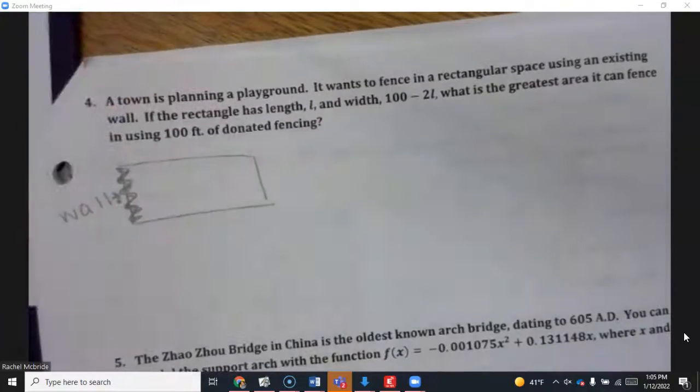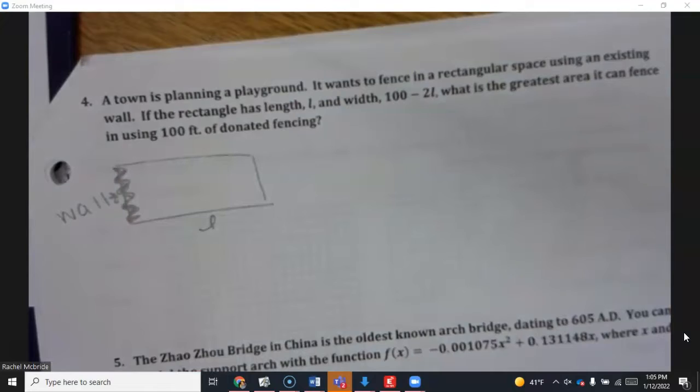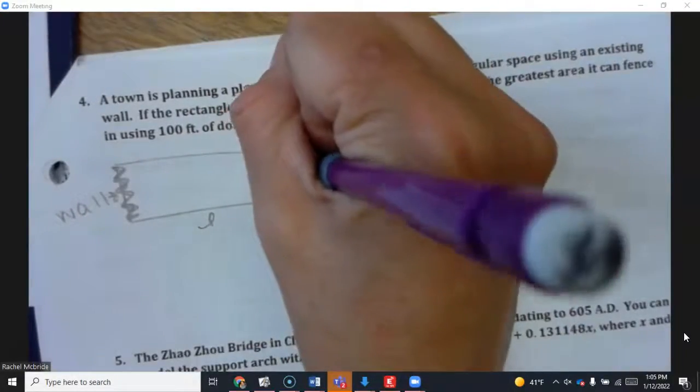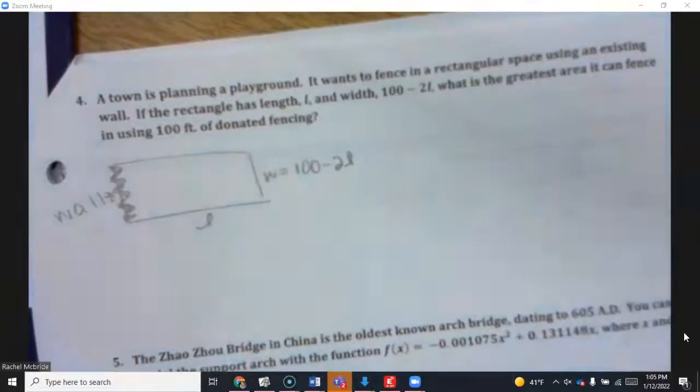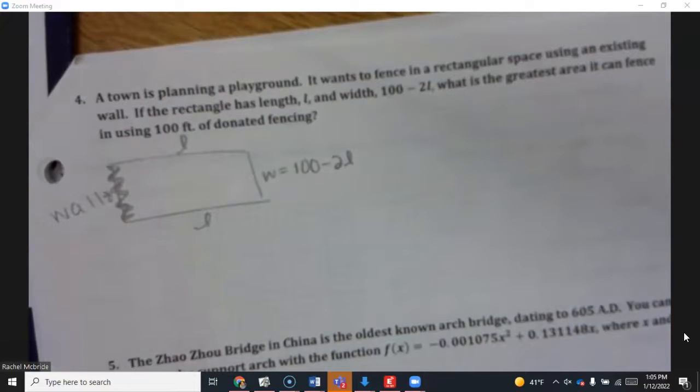If the rectangle has a length of L and a width of 100 minus 2L, what is the greatest area that it could fence in if it had 100 feet of donated fencing?